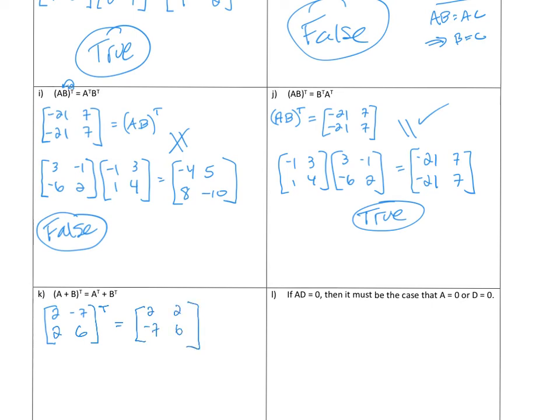All right, A transpose plus B transpose. A transpose is negative 1, 1, 3. Nope, that's B. Hold on.